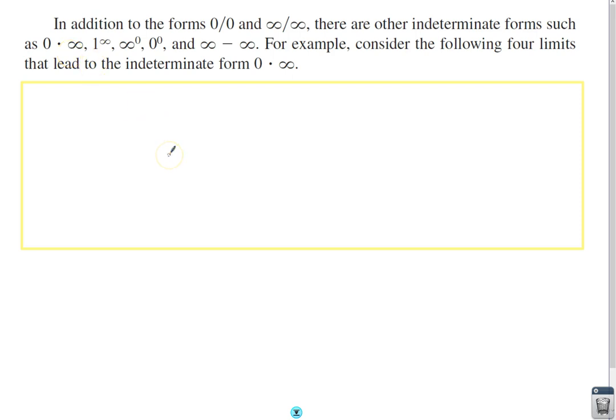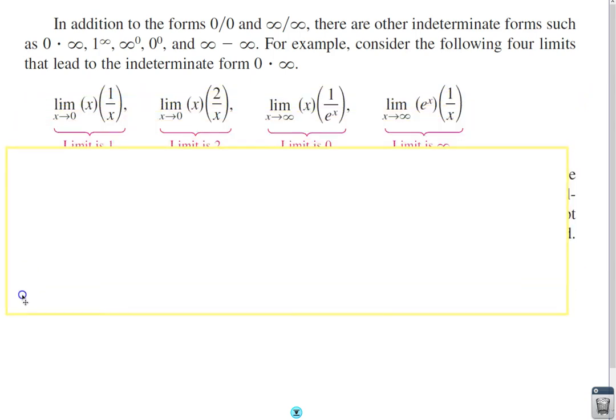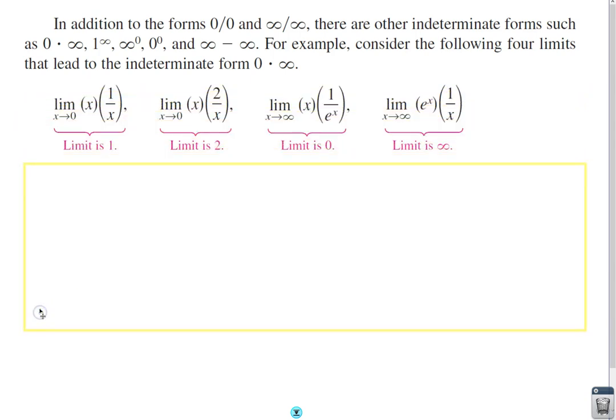So here are 4 different limits that are all of the form 0 times infinity. But you're going to see that every single one of them actually has a different limit. Lots of words there. I feel like y'all are freaking out because of all the stuff here.